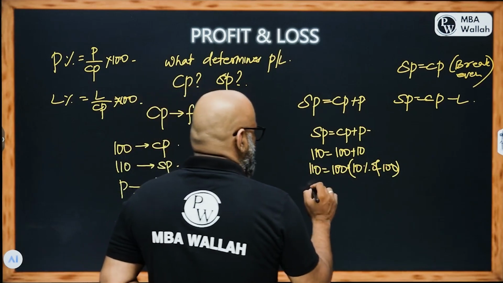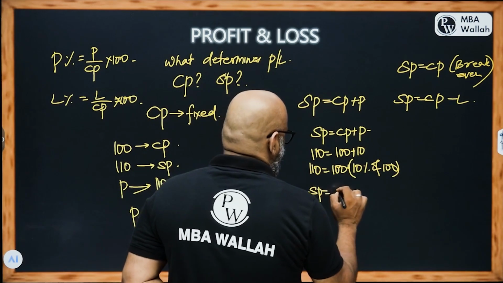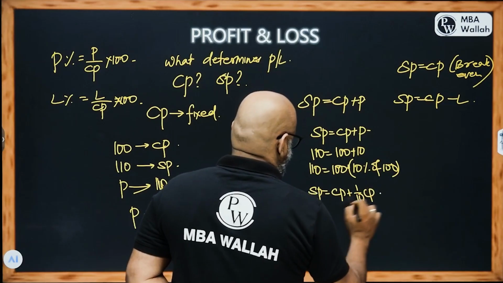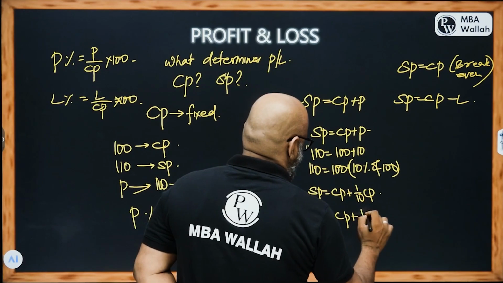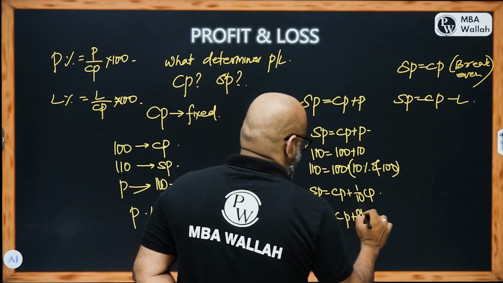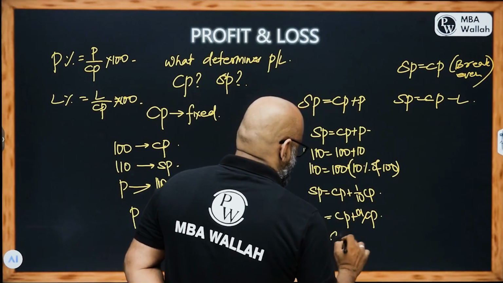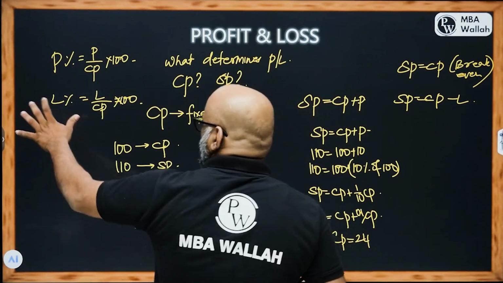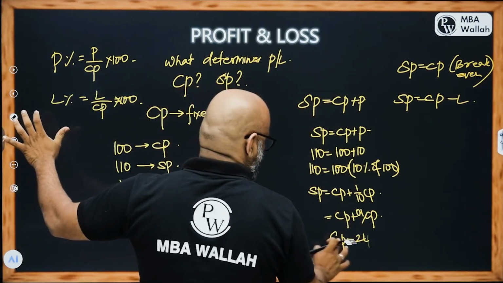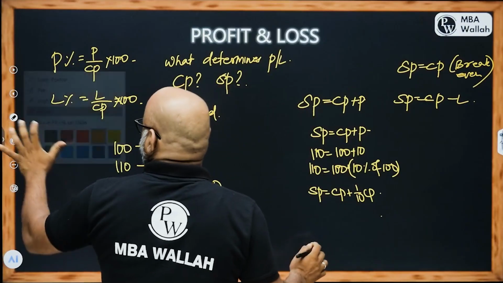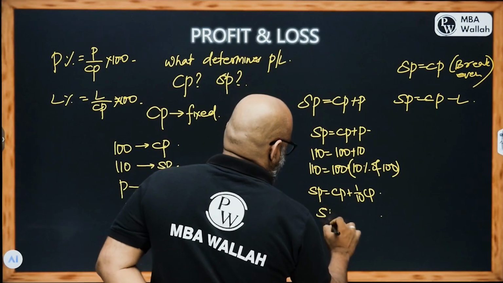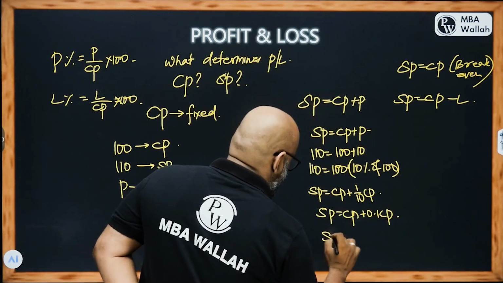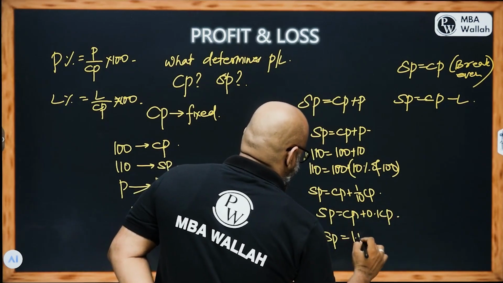I can write this as SP is equal to CP plus 1/10 of CP, or CP plus 0.1 CP. So SP is equal to CP plus 0.1 CP, or SP is equal to 1.1 CP.